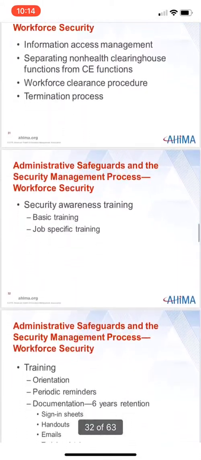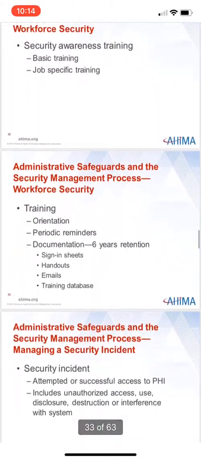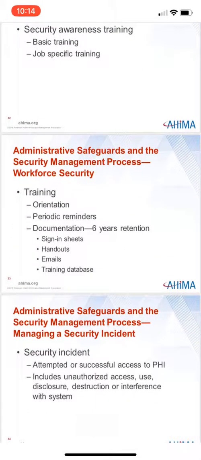HIPAA requires the documentation of training, including the following, and it must be maintained for 6 years: sign-in sheets, handouts, email messages, and training database identifying training and actions taken. Training should be ongoing and provided whenever there are changes to policies and procedures or to areas related to security.